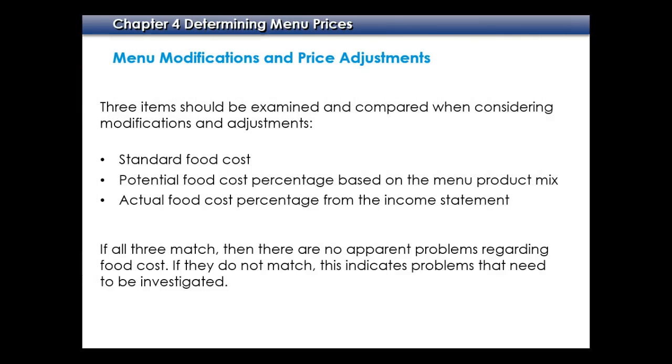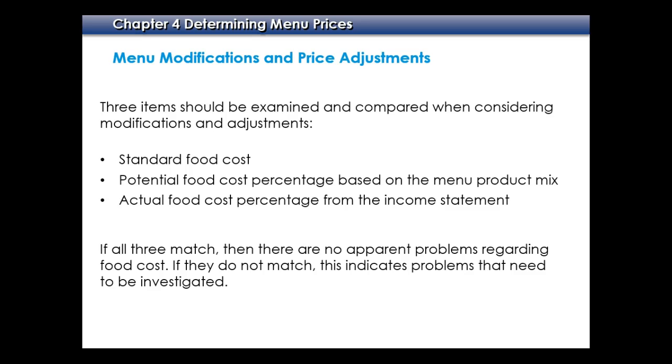So we have the menu modifications and price adjustments. There are 3 items that need to be examined and compared when considering modifications and adjustments to your prices. So you need to make sure you have your standard food cost, the potential food cost percentage based on that menu product mix, and then your actual food cost percentage from the income statement.